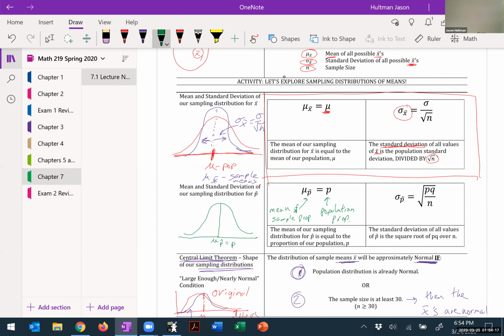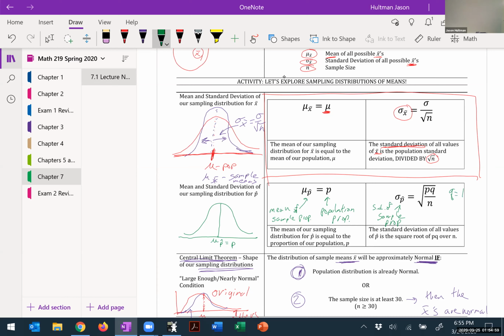The standard deviation for the sample proportions, again p hat is the sample proportion, is going to be equal to the population proportion times its complement. Q is the complement. So what does Q equal?